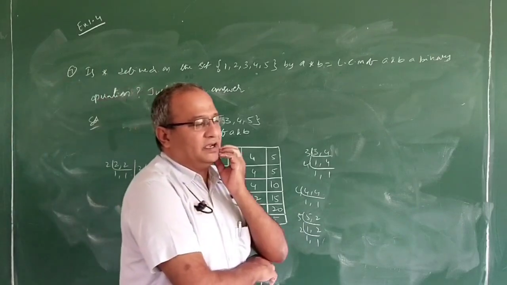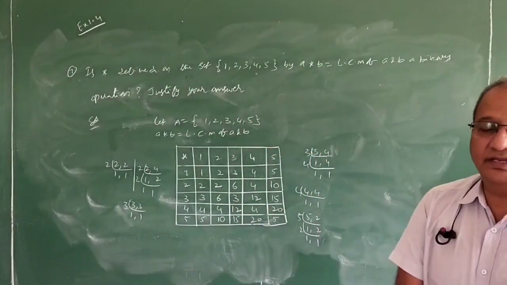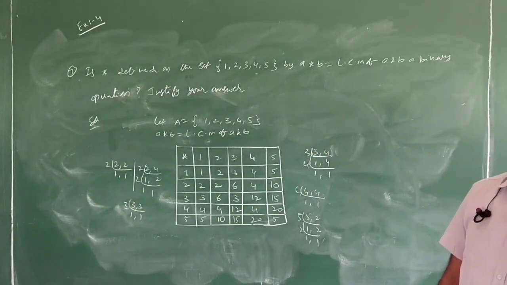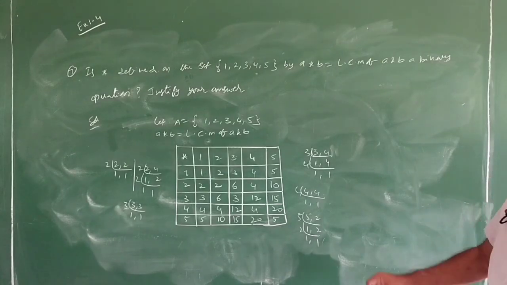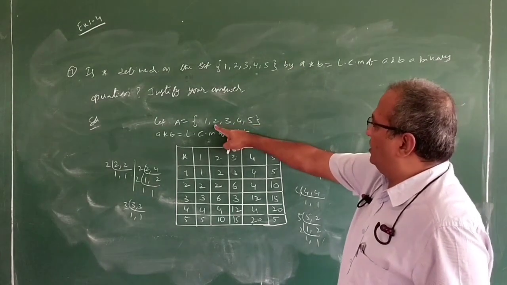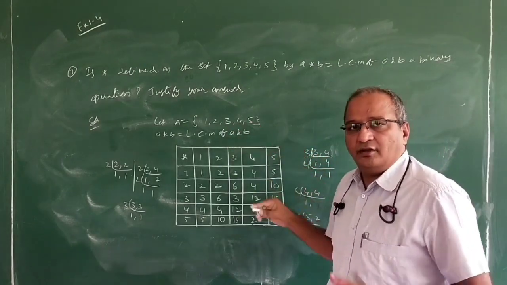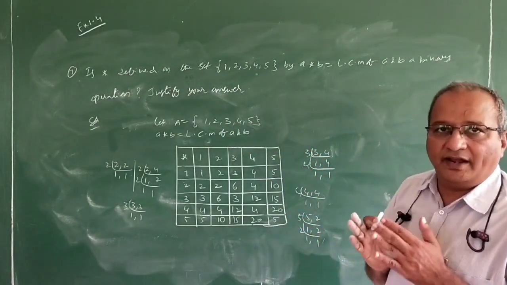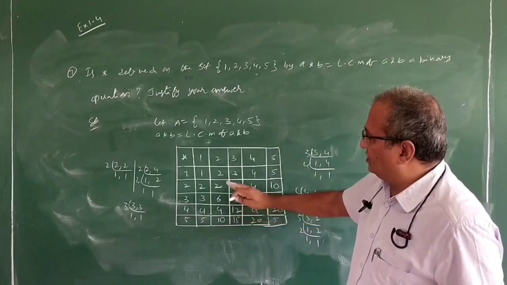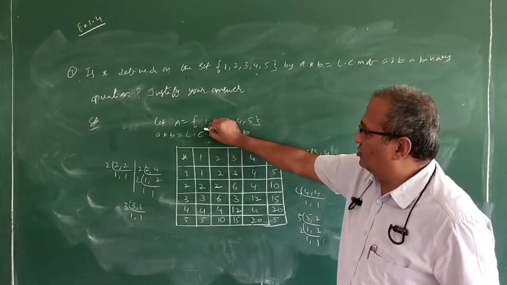See, in the operation table, what does binary operation mean? In the previous problem, the natural number set contained all the elements. But here, set A contains 1, 2, 3, 4, 5. In the operation table, for it to be a binary operation, after doing the operation we must get these elements only.